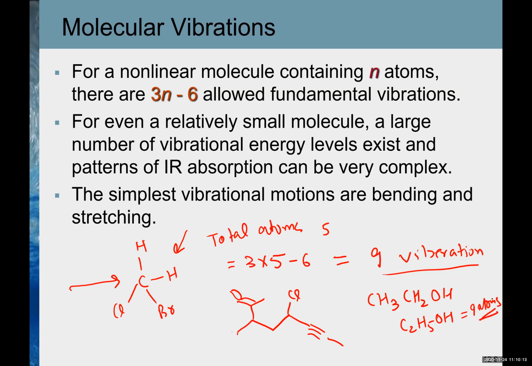So how many vibrations are possible in ethanol? 21. And ethanol is not even a big molecule. It's only a 2 carbon long chain. And we know that in organic compounds, we can have some really large ones. Another one I calculated was hexanoic acid, a 6 carbon long chain. And if you calculate for hexanoic acid, the total number of peaks comes out to be 54.